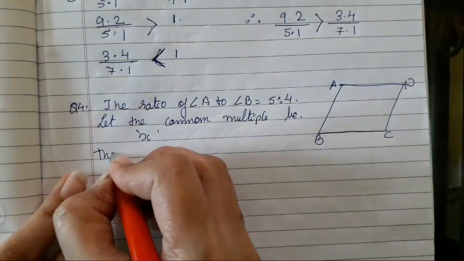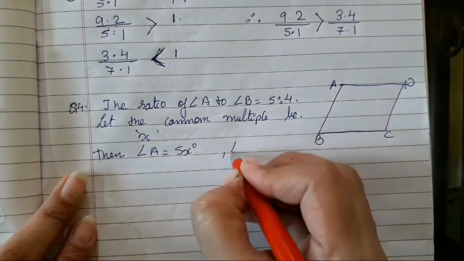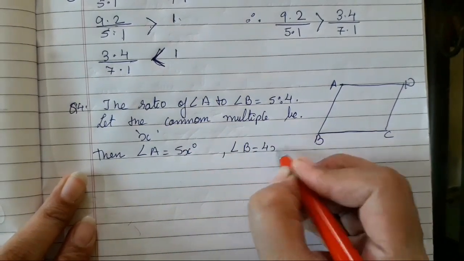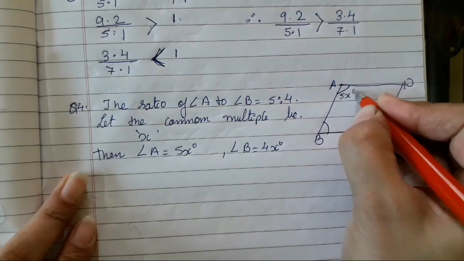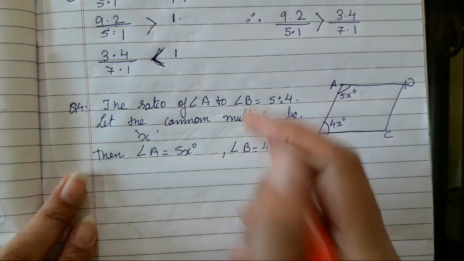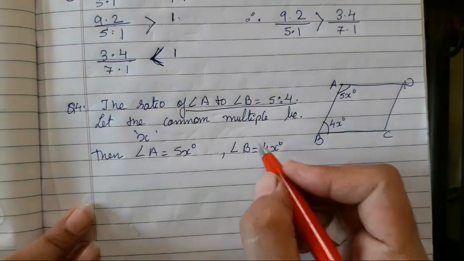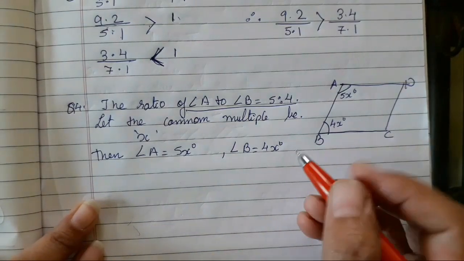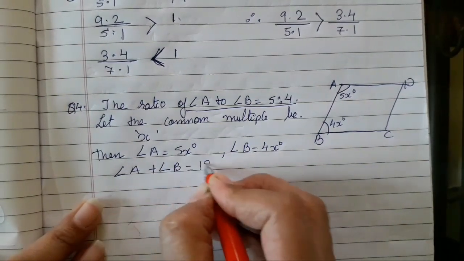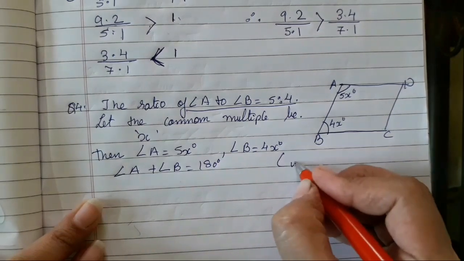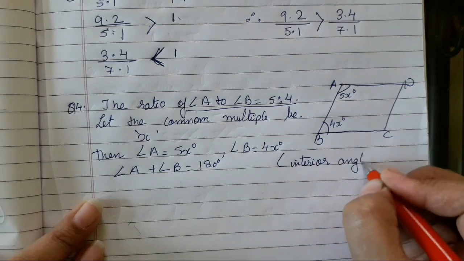Then angle A is equal to 5x degrees and angle B is equal to 4x degrees, according to the question they have given. We have taken x for both the sides. Now what we can do? Angle A plus angle B is equal to 180 degrees. How do we get this? We get this by interior angles.